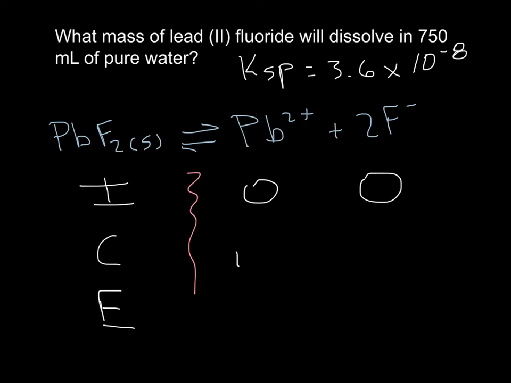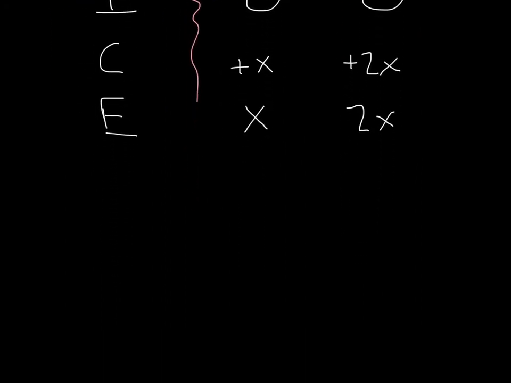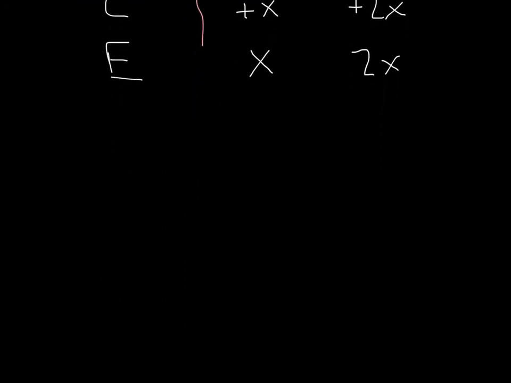Let's see what's going to happen. To get to equilibrium, I'm going to need to form some lead-2 ions, and for every lead-2 ion, I will also form 2 fluoride ions. That means that my concentration of lead-2 at equilibrium is going to be 0 plus X, and my concentration of the fluoride ion at equilibrium will be 0 plus 2X. Let's take a look at this equilibrium expression. It is the concentration of the products at equilibrium over reactants.